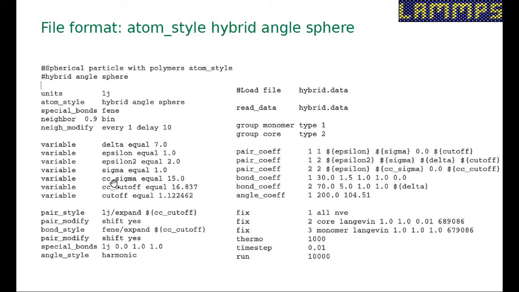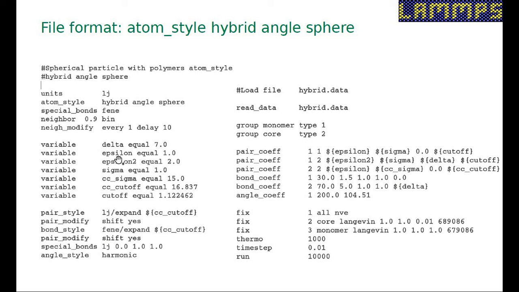The bigger, spherical particle has a diameter of 15 in Lennard-Jones units, and the diameter of the monomers, or the beads, is 0. Well, here we use 1, but it should be 0.